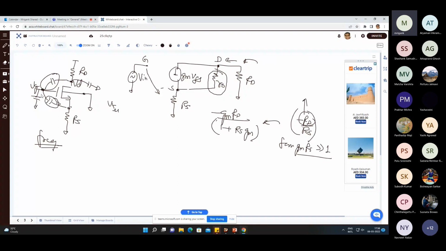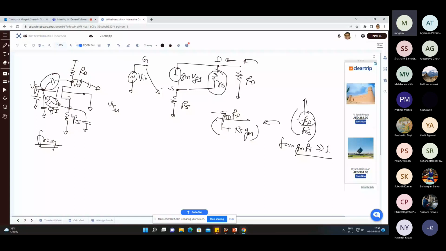So I would like to break this one also down and get one component which is between gate and ground, and maybe another component which is between source and ground. In this case, the CGS also I can figure out by applying a Miller effect: from this point to this point, what is the gain? The advantage of doing that is that we can basically simplify the analysis to some extent.